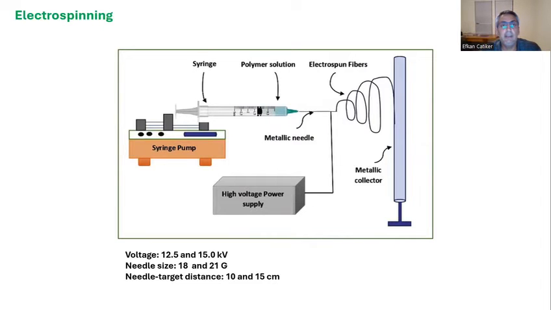After completing the characterization, the other goal of this study was to obtain nanofibers of these graft copolymers through electrospinning. Reha applied several electrospinning parameters like voltage, needle size, and needle-target distance to obtain homogeneously distributed nanofibers.